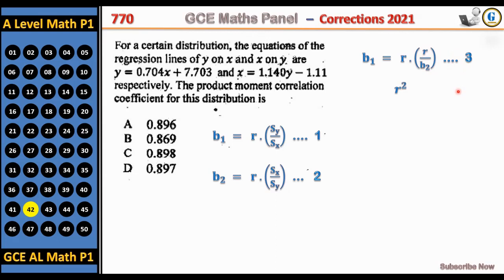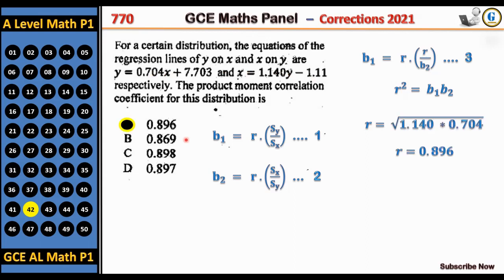So r squared is equal to b1 times b2. Normally I could just do this directly, but I want you to know that whenever you have something like this, your r squared is equal to this gradient times this gradient, or r is the square root of the product of those gradients, and this gives us a value of 0.896.